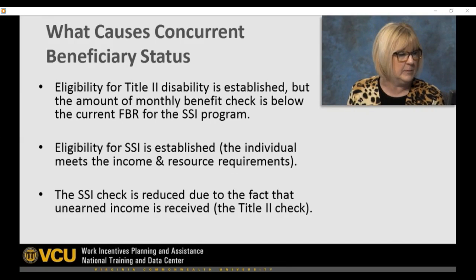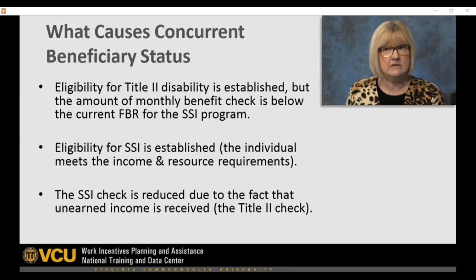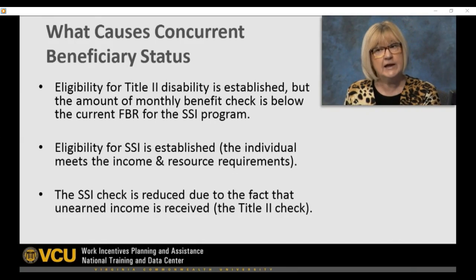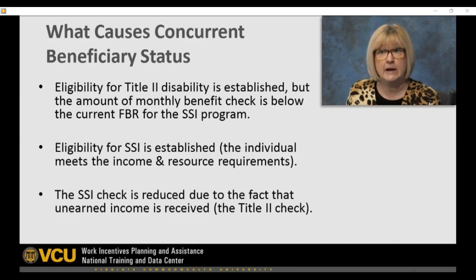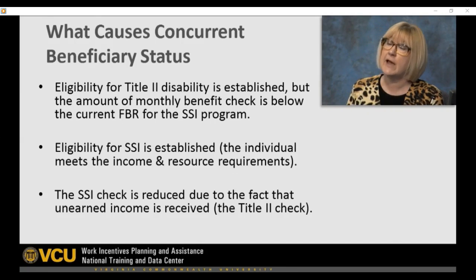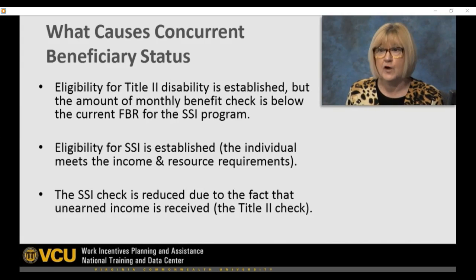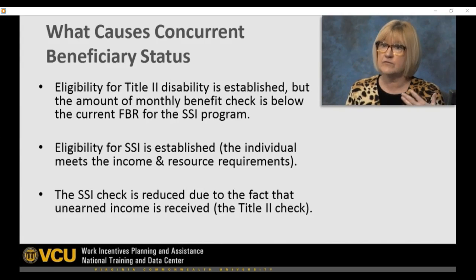An SSI recipient is happy collecting their SSI check, and then something happens to initiate eligibility for a Title II disability payment. I'll tell you, a common occurrence is the death of a parent or the retirement of a parent. Remember, that could trigger possible eligibility for childhood disability benefits. And if you're already on SSI, there's sort of a flagging that occurs within that system.